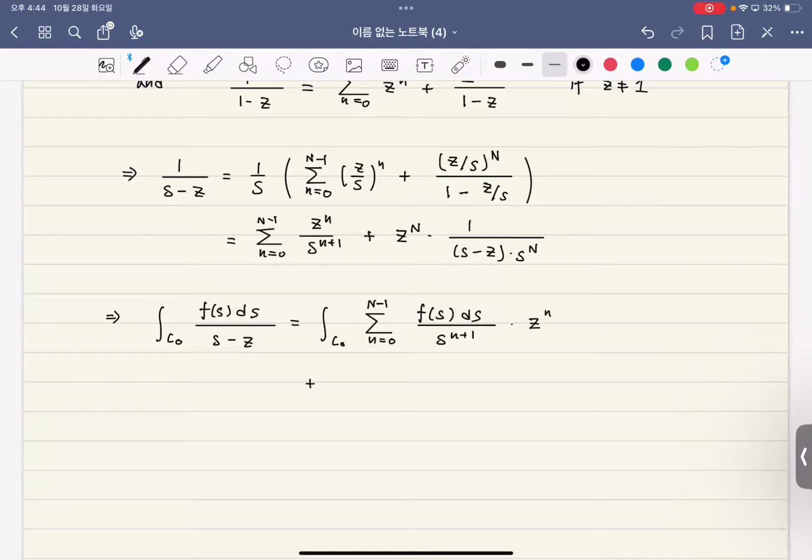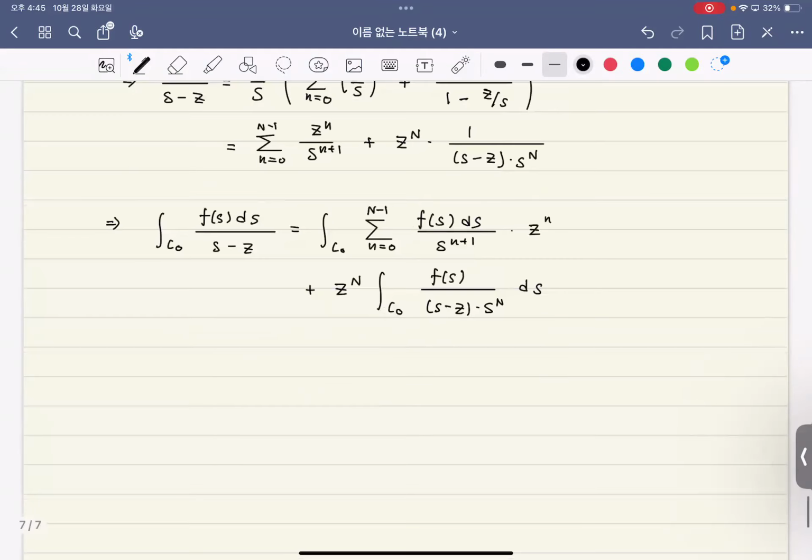Plus, this is just a constant, z^n, times the integral over C0 of f(s) over (s minus z) s^n, ds.